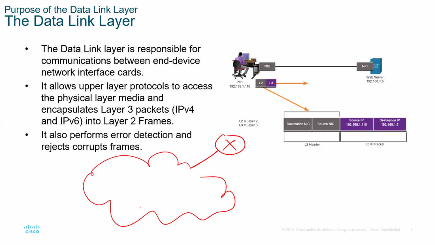This is our network. So if I have a device, let's have my switch in here, two devices, PC 1 and 2. These two PCs are on the same network segment. Therefore, they can communicate at layer 2. And the data link layer is responsible for that communication.